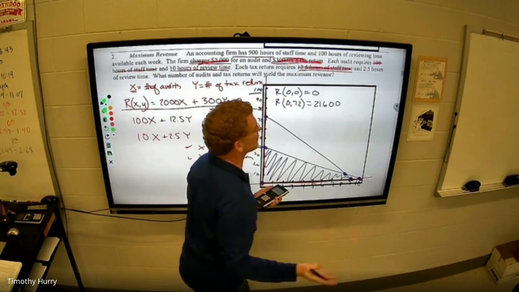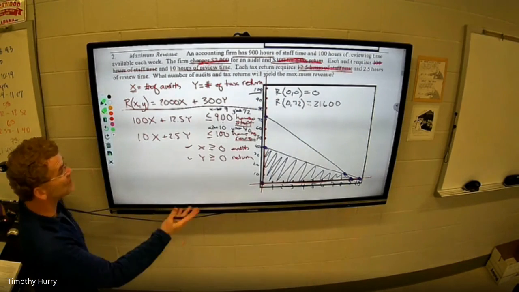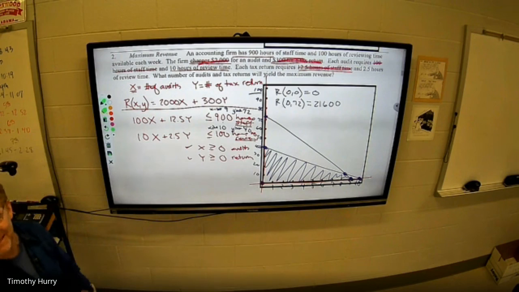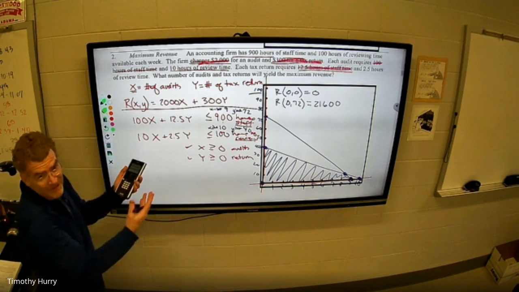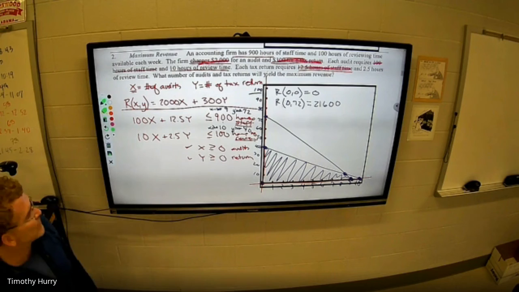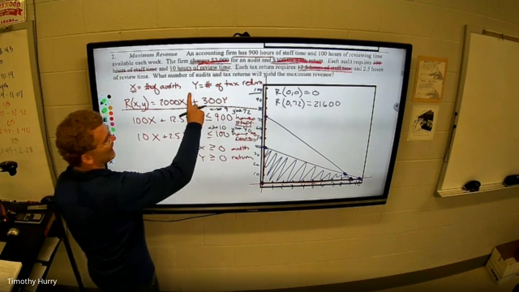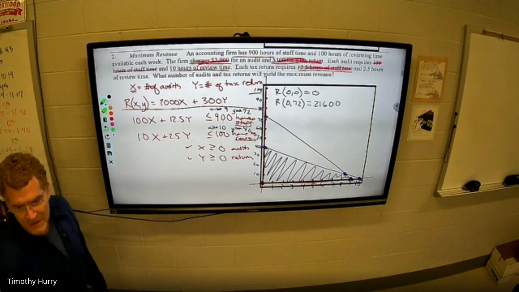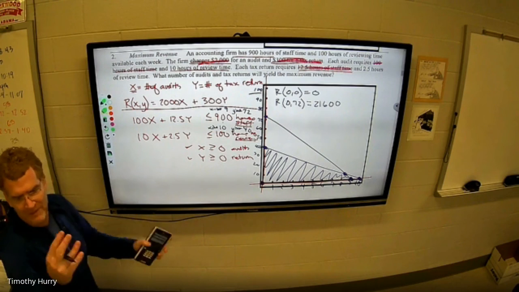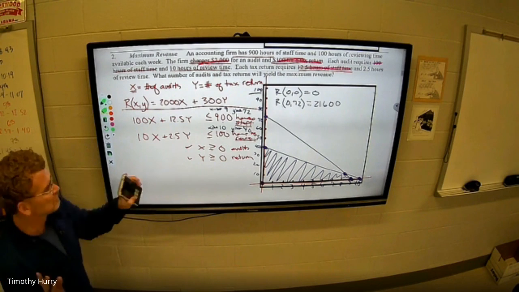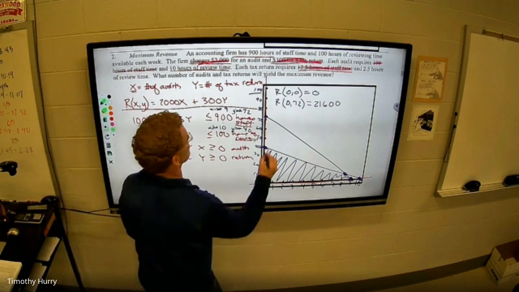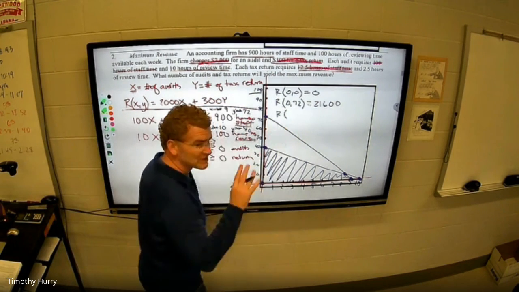So they're going to make 21,600 a week. This company, now granted, they've got salaries to pay, right? Revenue is different than profit. So they're going to make 21,600 a week if they only did tax returns. If they just knocked out tax returns, that's all they did. Great. They make a little profit. They're happy, maybe. But this company wants to see if they can do a little bit better.